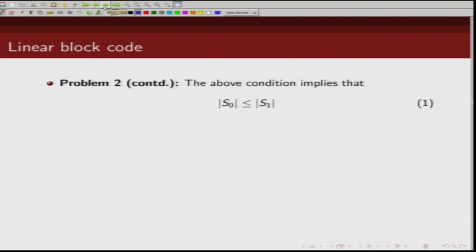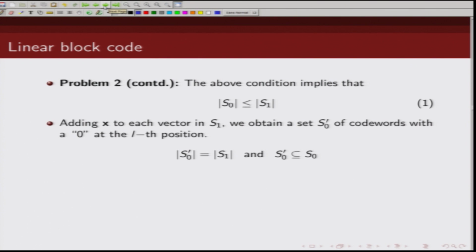So, from this we get the condition that the number of code words which have 0 at the lth location is less than or equal to the number of code words which have 1 at the lth location. Now, add this same vector x, which has 1 at the lth location, to all the elements in S1.